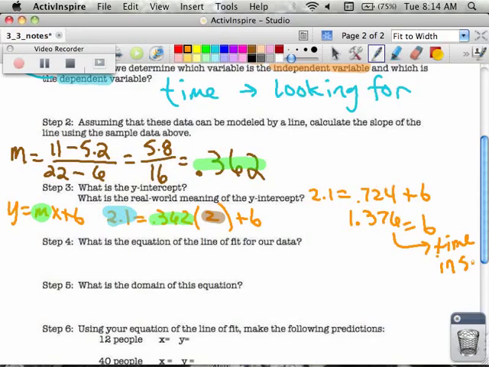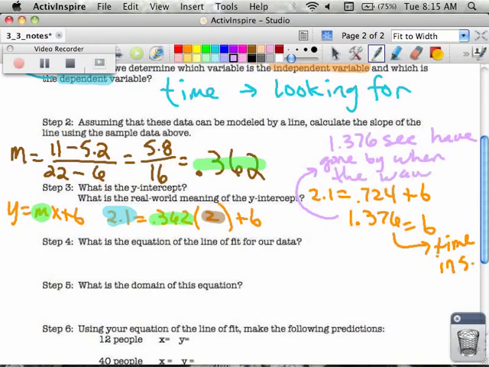So if I want the real world meaning, 1.376 seconds have gone by when the wave starts, meaning 0 people have started, nobody's gone up for the wave yet. 1.376 seconds.